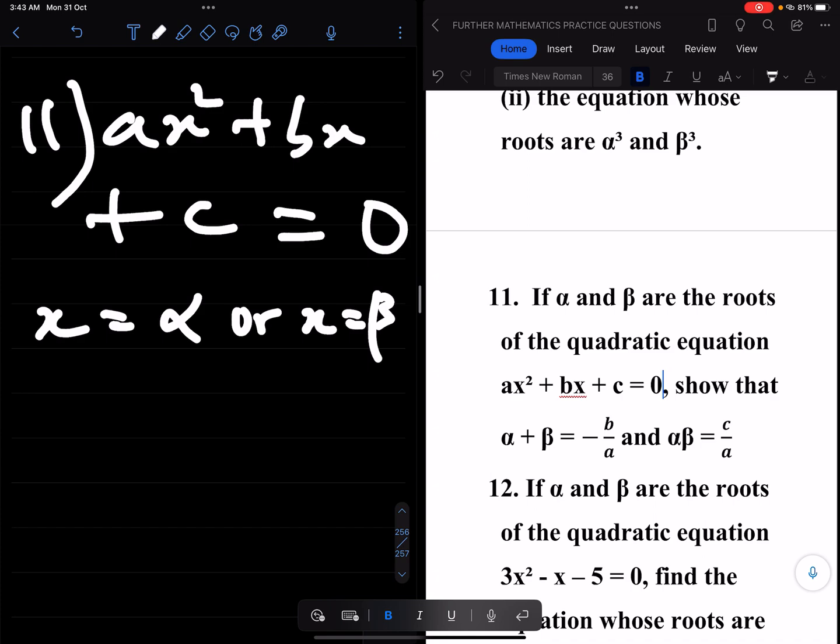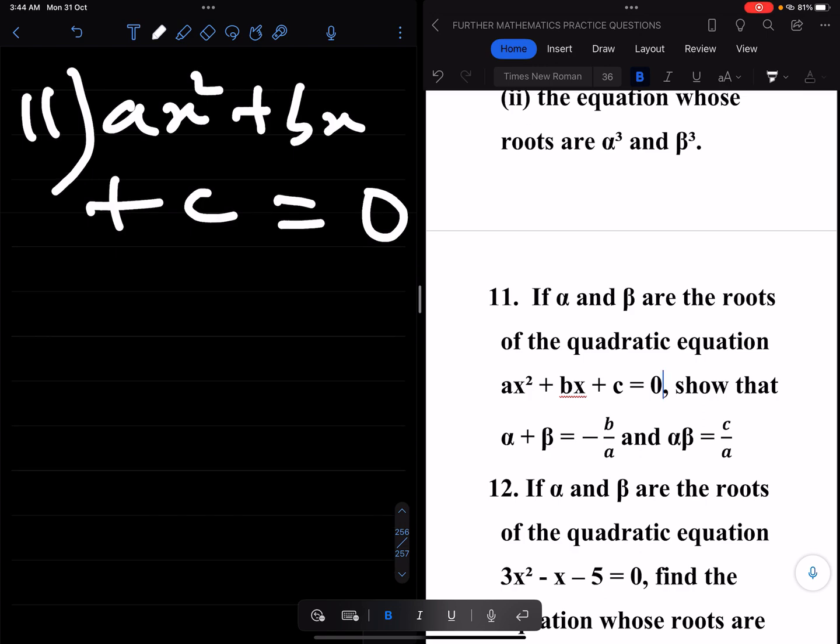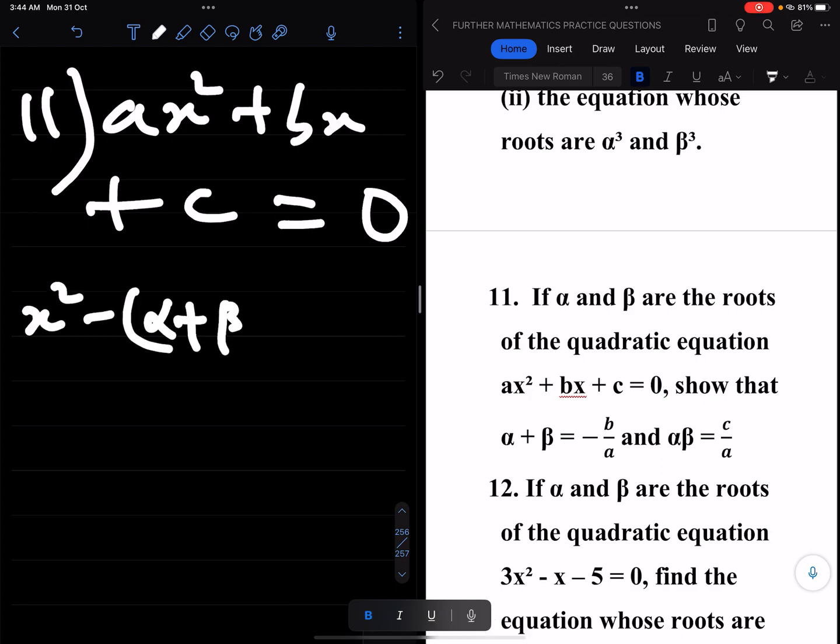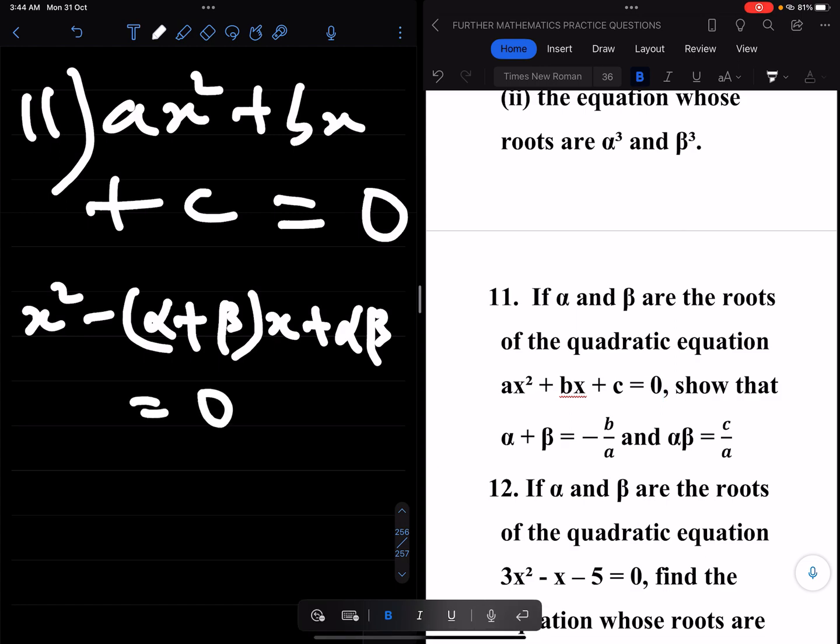The equation is ax squared plus bx plus c, and I know that a quadratic equation can also be written in terms of its roots in the form x squared minus the sum of roots, which will be alpha plus beta here, because the roots are alpha and beta, times x plus the product of roots, which is alpha beta, equals 0.